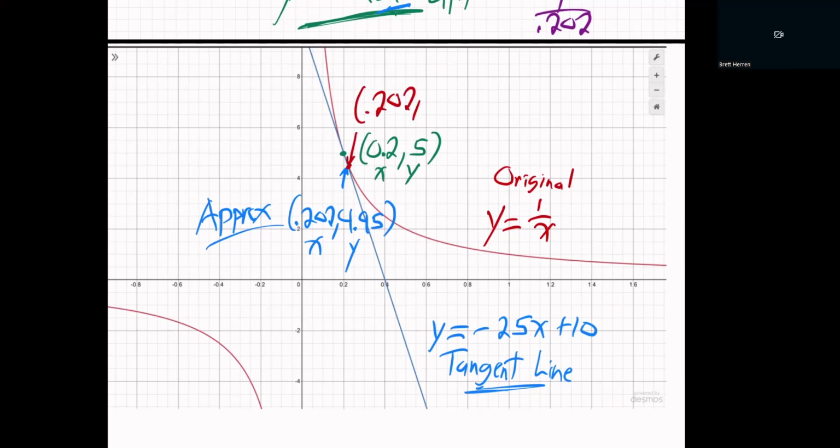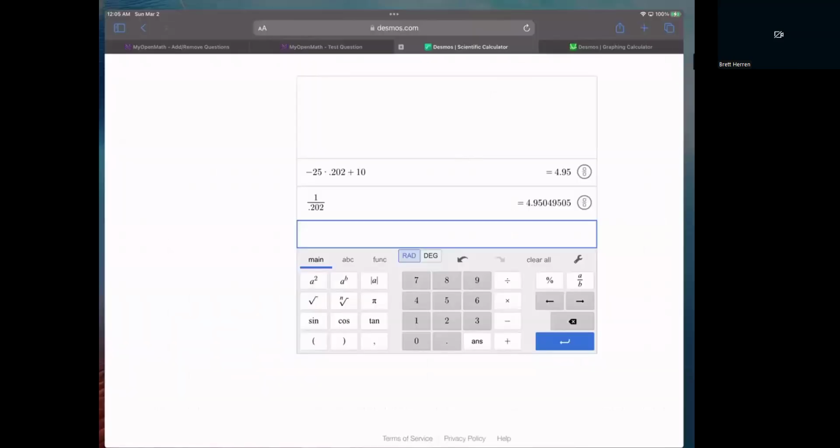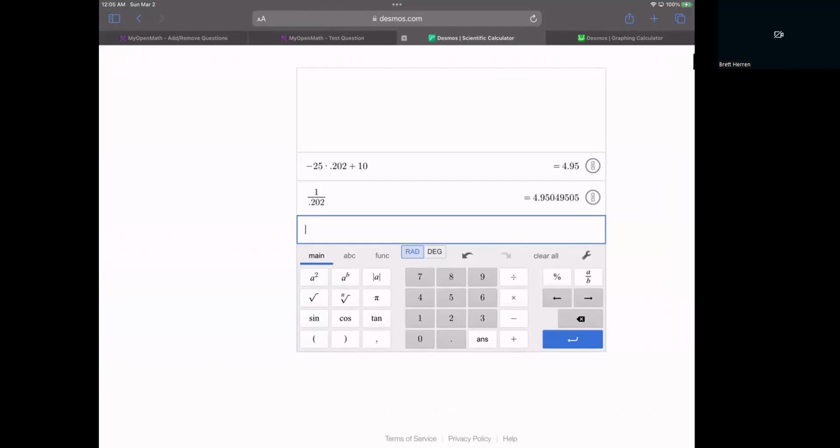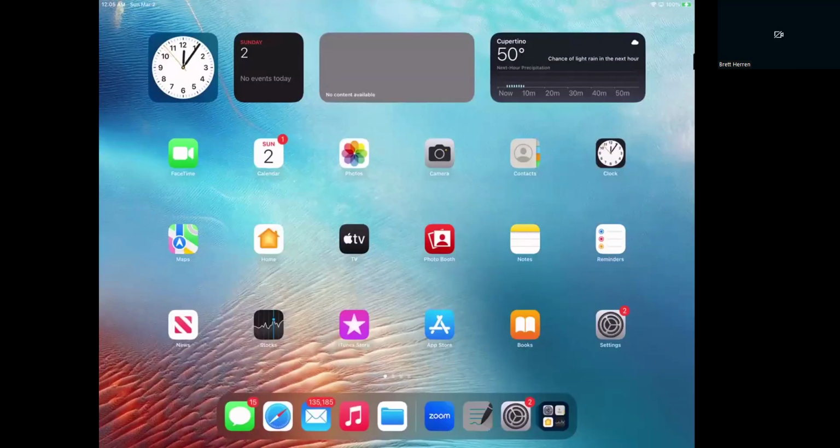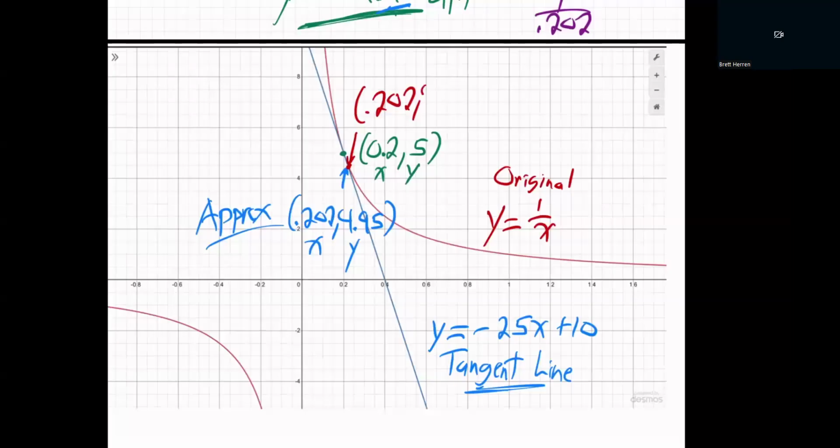At 0.202, when we typed in decimals, it was 4.95049. You see how that's a little higher than that? And you can tell the red function is a little bit above the blue function. They're exactly the same at 0.2, but when you get off of 0.2 just a little bit, the red is just barely above the blue.